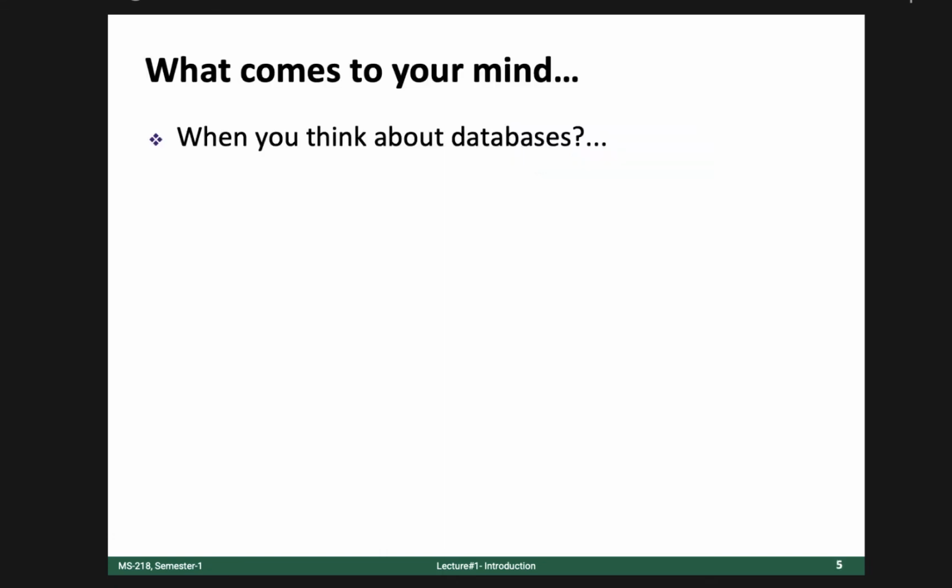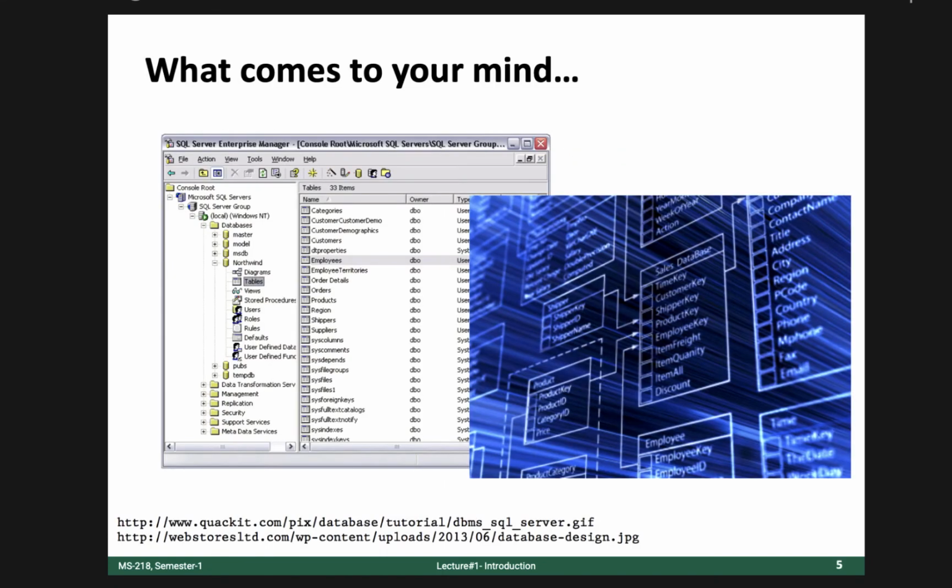So when you think about databases, obviously some of you might know that there would be DBMS, tables, right? Rows, tuples, columns, data, right? But every application, every web application nowadays is definitely using databases. Imagine Facebook is not using a database.